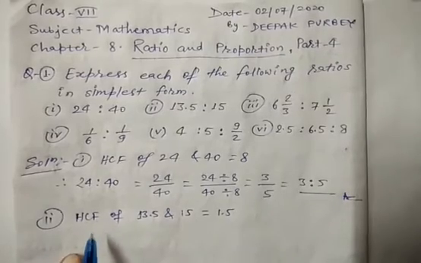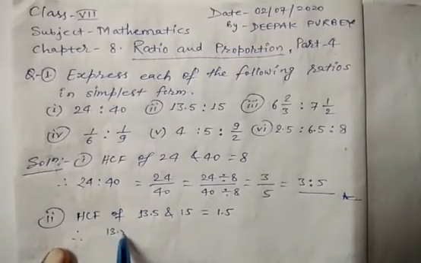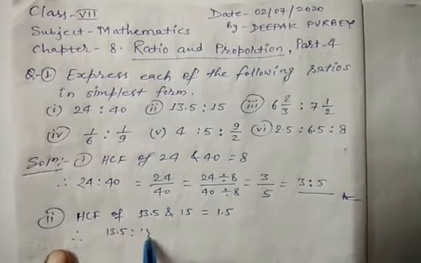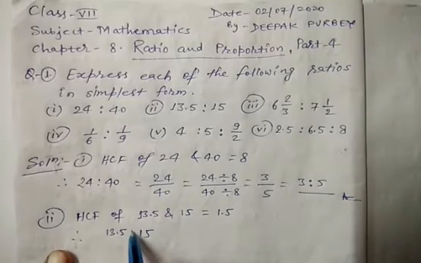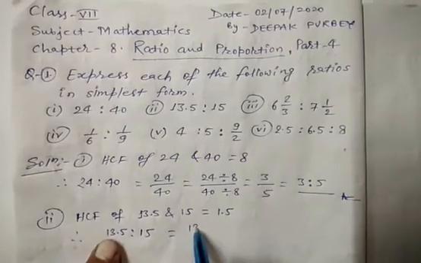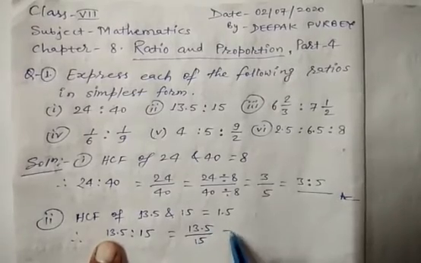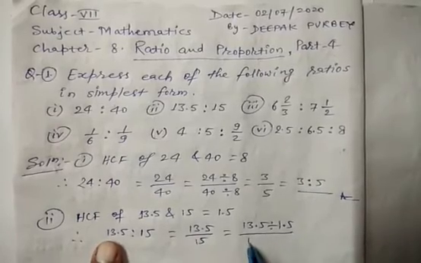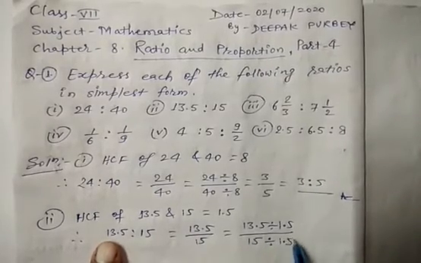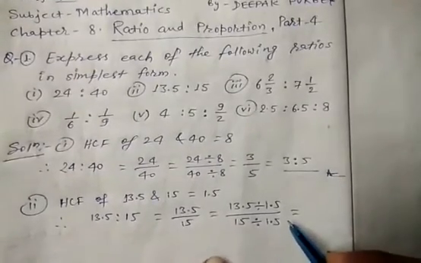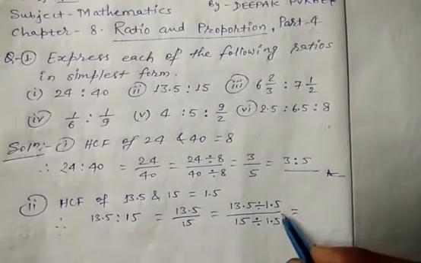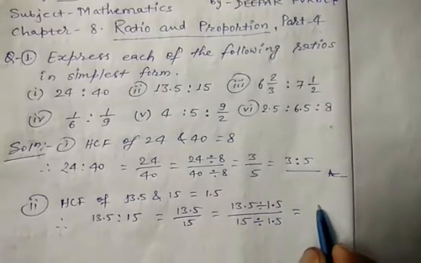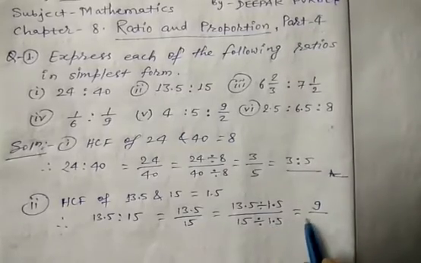So 13.5 ratio 15 is equal to 13.5 by 15, which is equal to 13.5 divided by 1.5 and 15 divided by 1.5. Finally, by dividing by 1.5 we get 9 and here 10.